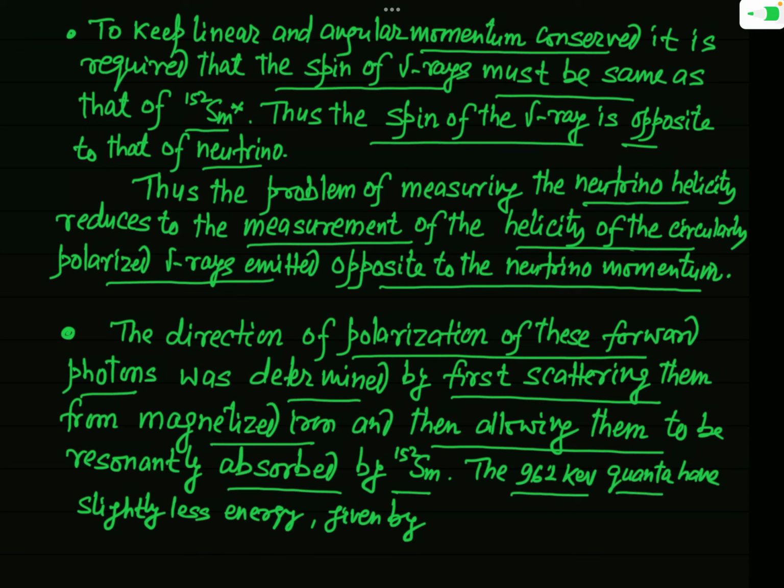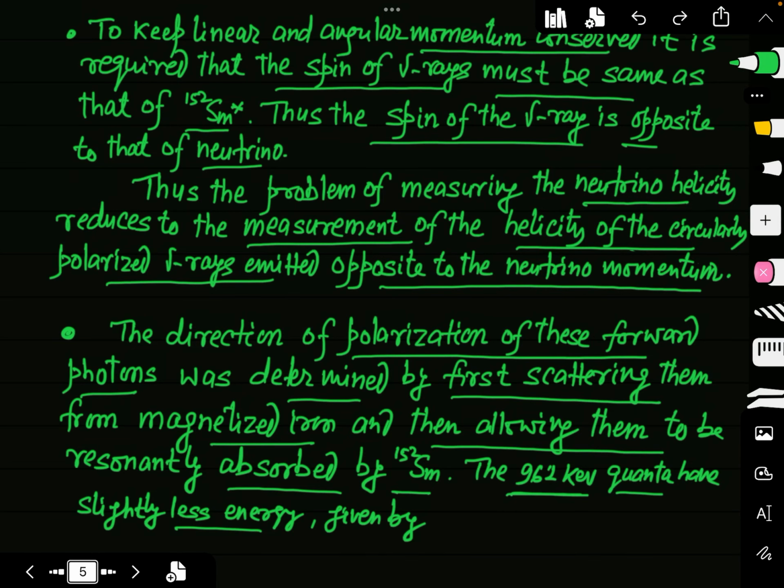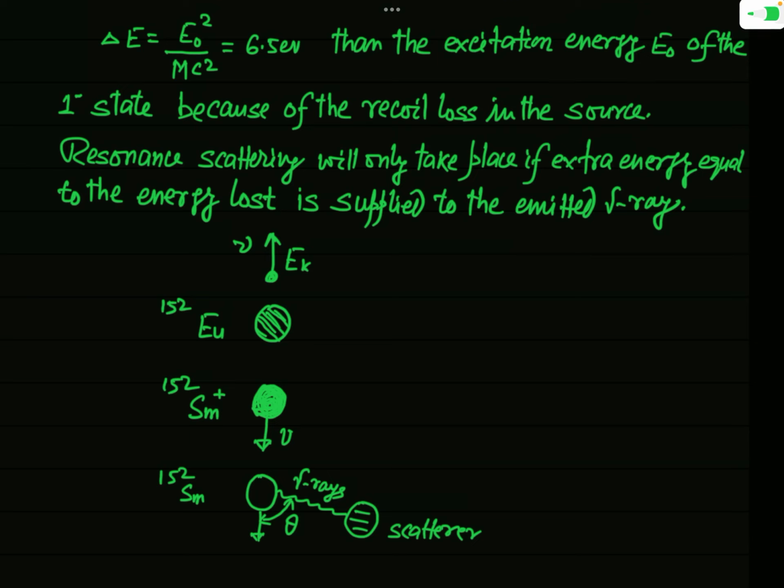The 961 kilo electron volt quanta have slightly less energy. In fact, as you have seen, the Sm152 nucleus, which is the daughter nucleus after the electron capture, is in the state which is 961 kilo electron volt above its ground state, but actually this energy is slightly less than this value 961, and that value is very small, which can be neglected.